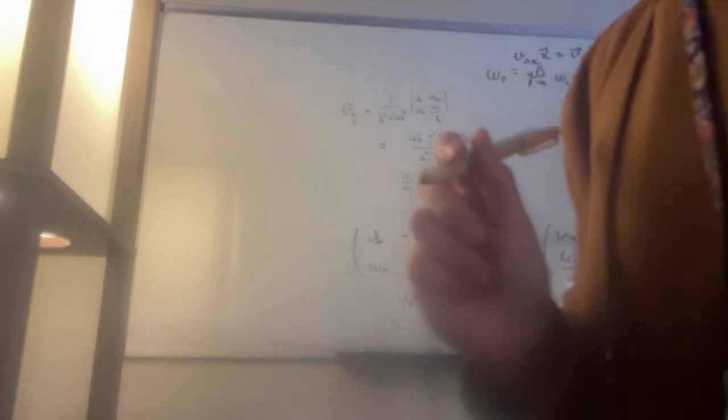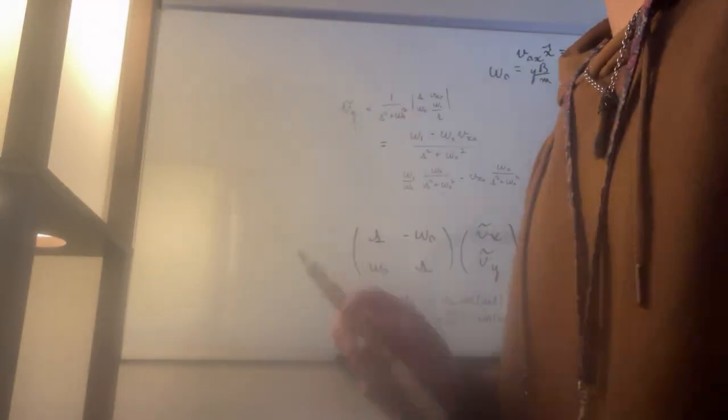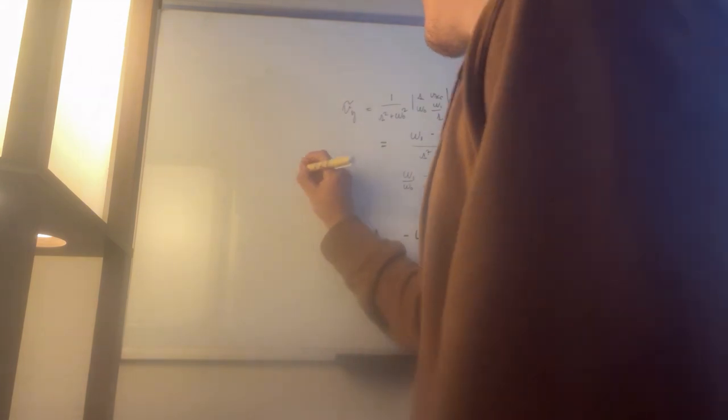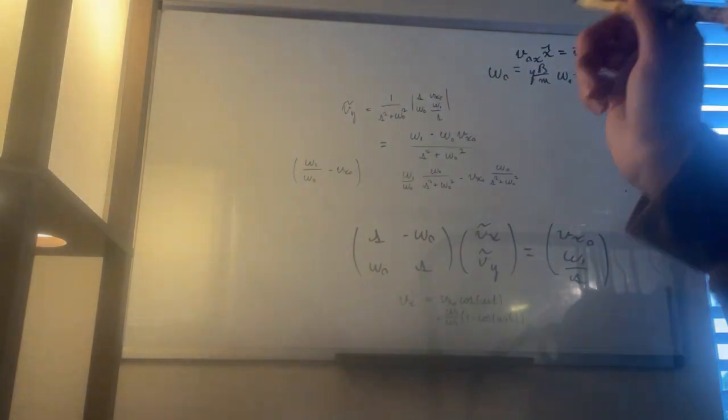So really we have two similar Laplace transforms. So I'm going to be simplifying this down. So omega 1 over omega naught minus Vx naught times the Laplace transform of sine of omega naught t.